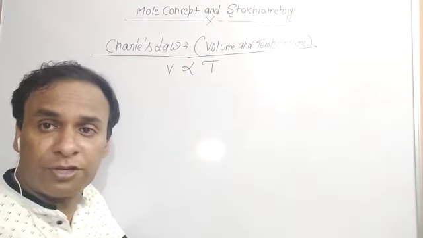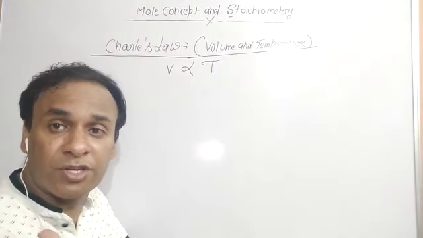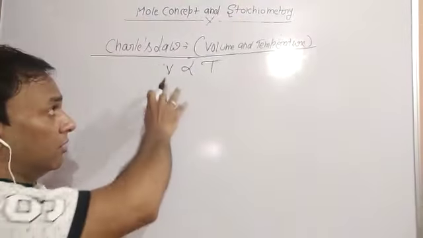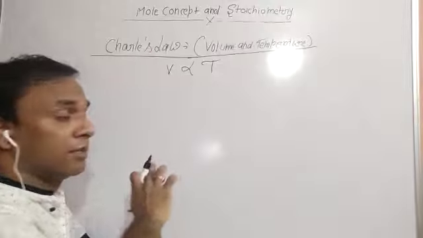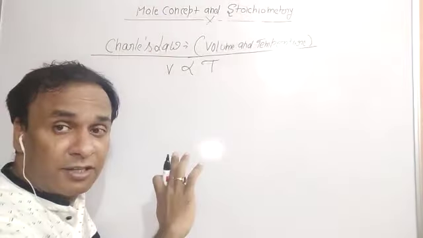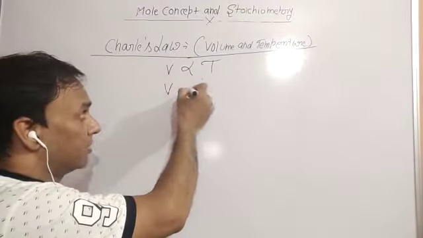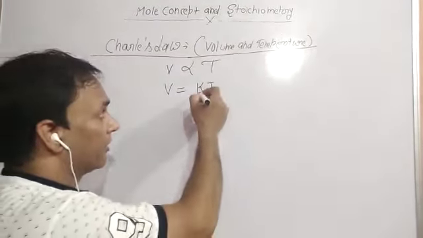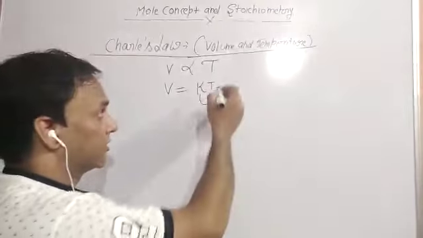What is absolute temperature? Absolute temperature is the temperature measured on the Kelvin scale. Clear? When we eliminate the proportionality sign, V equals K into T. Here K is the Charles constant.